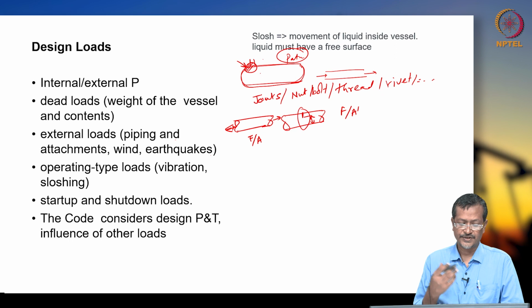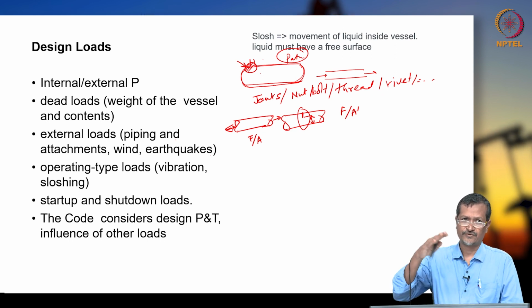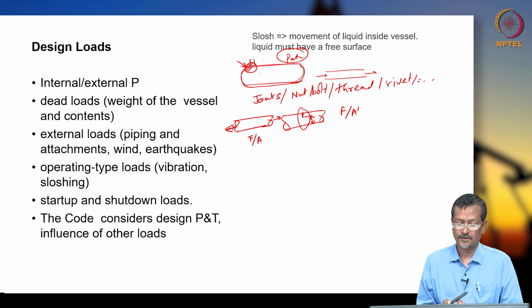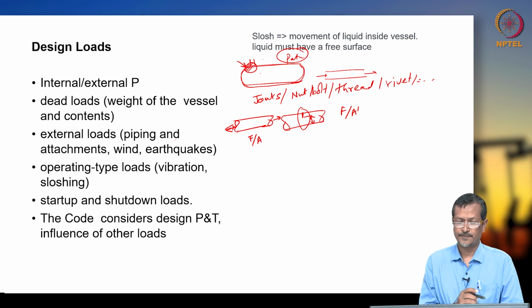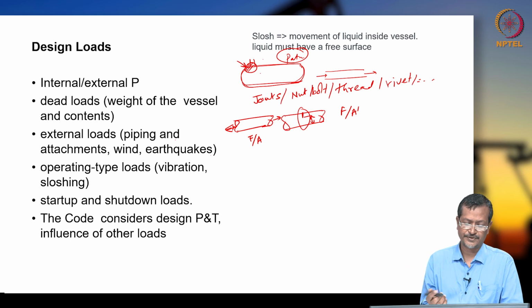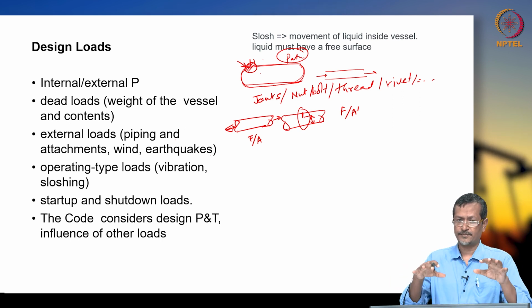Even when you're transporting high pressure fluid, let's say by truck, the truck will have lots of vibration, right? Like CNG or LPG transport. LPG will have liquid and sloshing will be there, so that will give lots of vibration. Ships, trains, trucks, and those machinery also will have their own vibration.